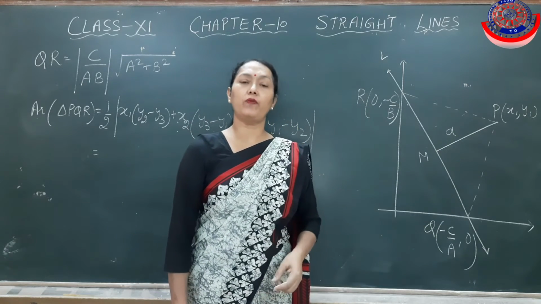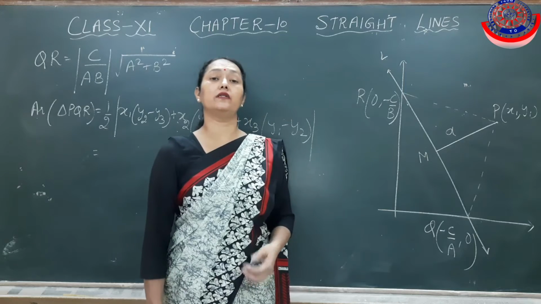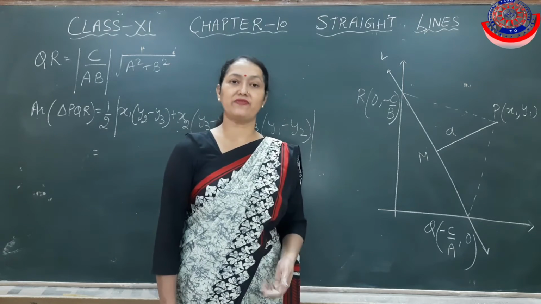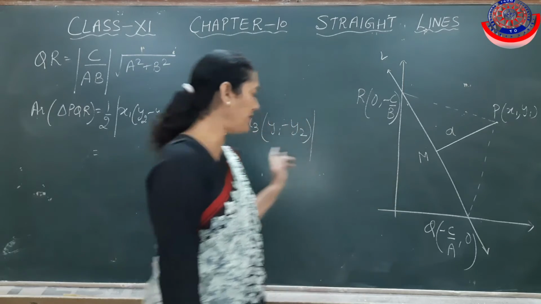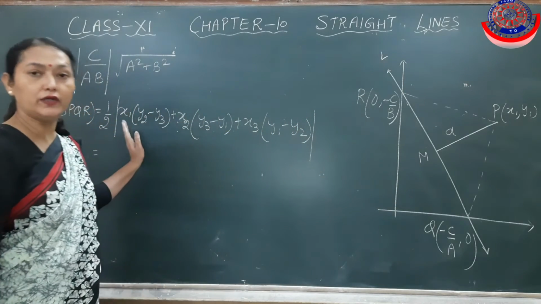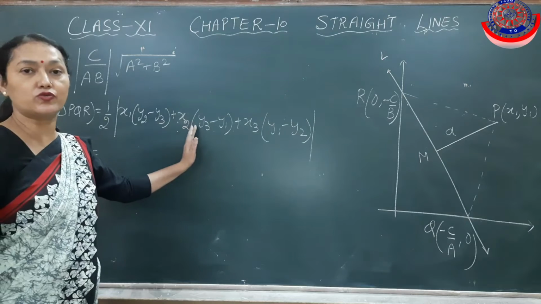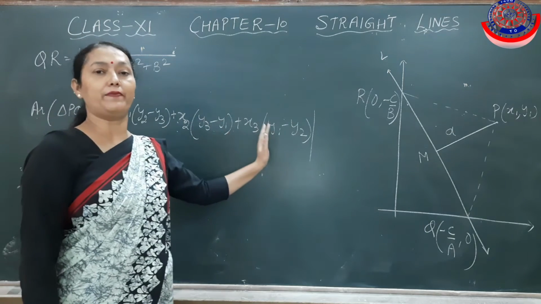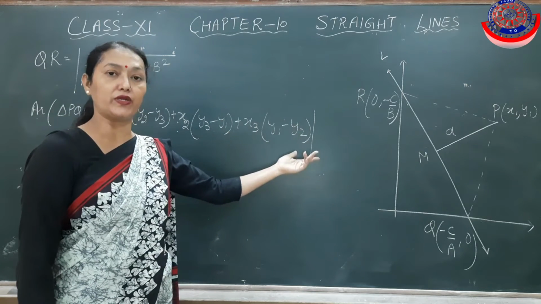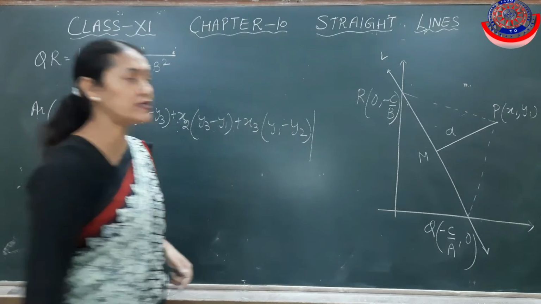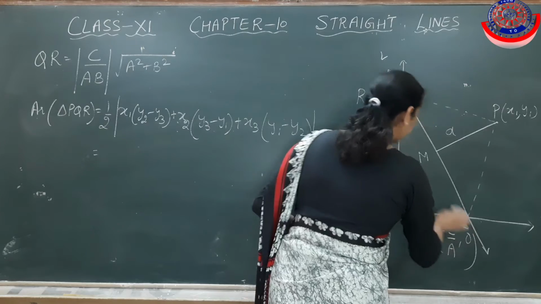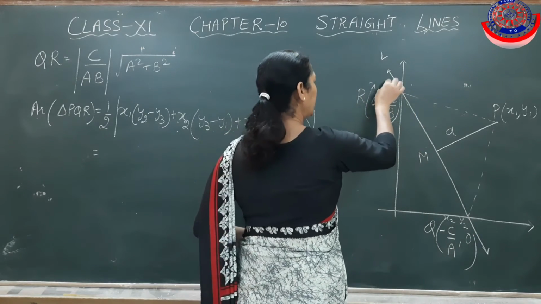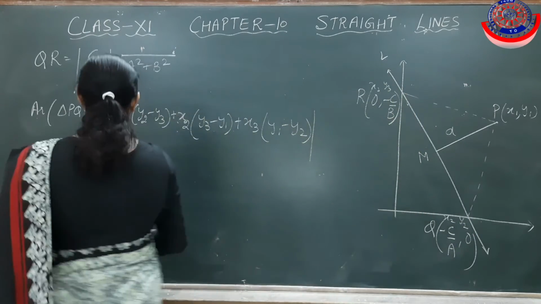Do you remember the formula of area that you learned in class 10th as well as in the beginning of this chapter? That is half x1(y2 - y3) + x2(y3 - y1) + x3(y1 - y2). We have all three coordinates: (x1, y1), let it be (x2, y2) and this be (x3, y3). Now we insert the values.